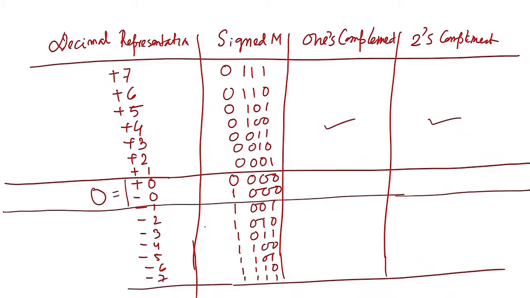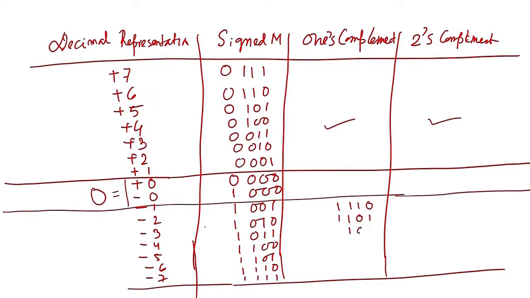So, the 1's complement will be 1 1 1 0, where the number is 1. Then minus 2 will be 1 1 0 1. Then what will be minus 3?